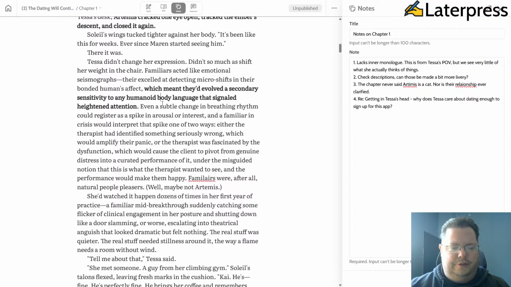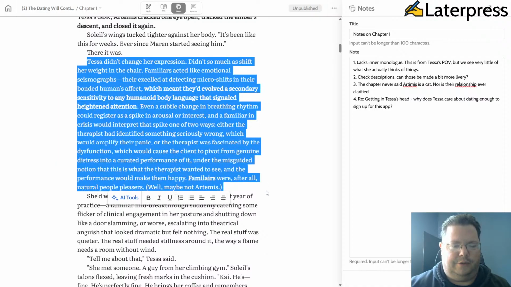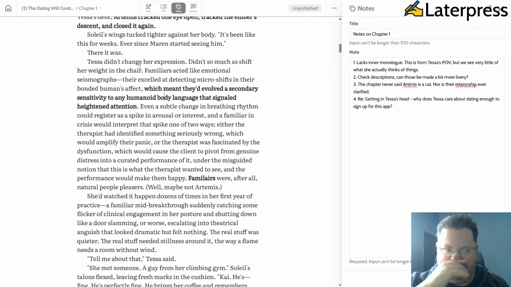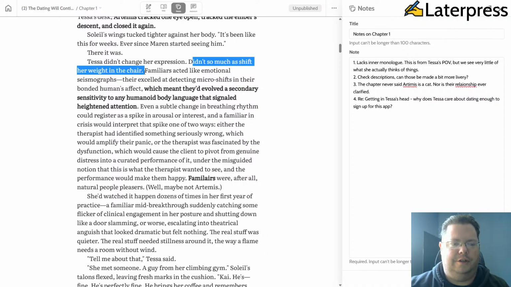Okay, so I think this I misspelled here. I'm just going to bold that. Talking and typing will never be my strong suit. But so here's what I've done here. Condense this paragraph down a bit. Tessa didn't change her expression, didn't so much as shift her weight in the chair. Familiars acted like emotional seismographs.